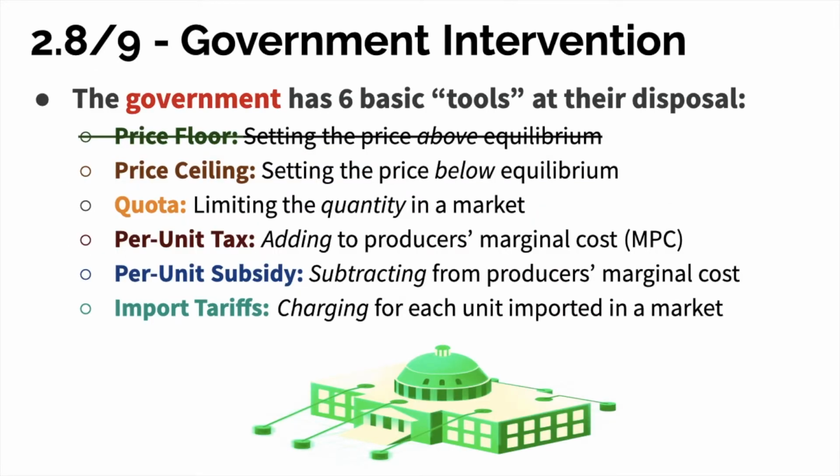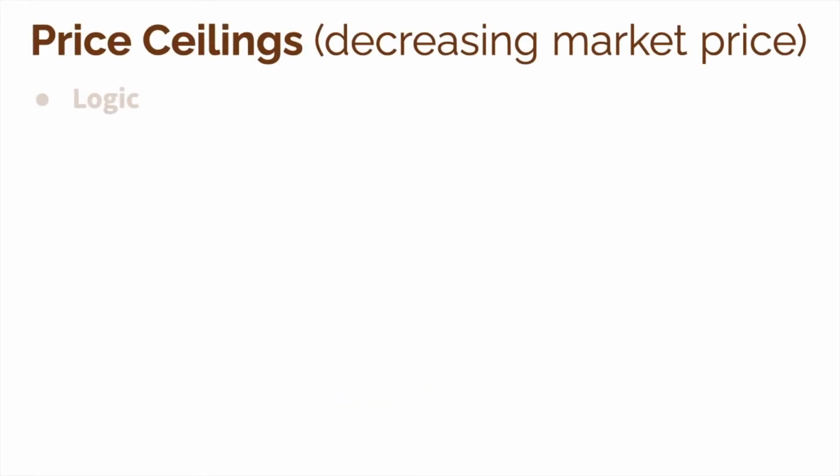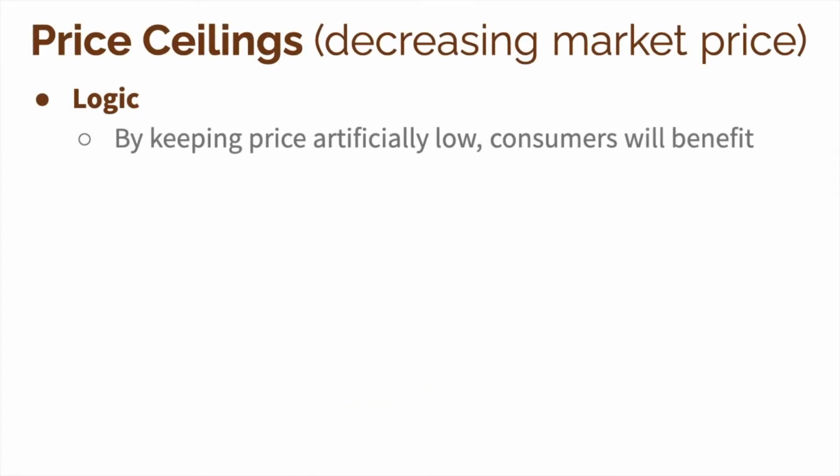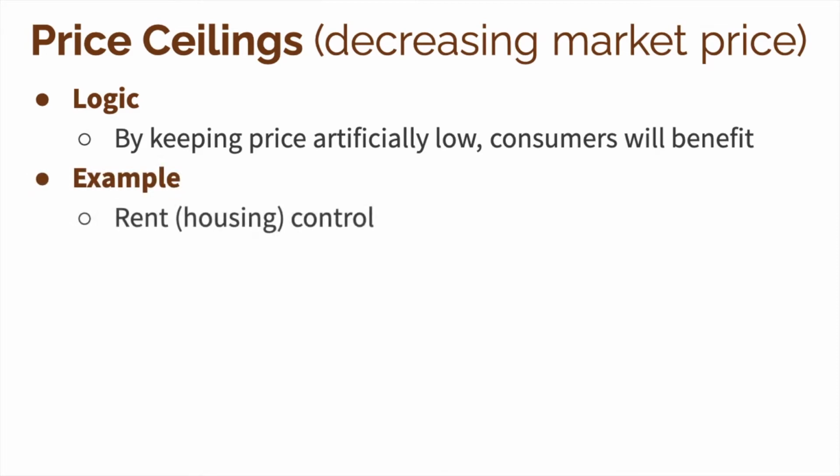So a price ceiling works pretty similarly, actually. Okay, a price ceiling is simply decreasing market price. And the logic behind this is that by keeping price artificially low, we're going to help consumers afford this good, whereas maybe some of them couldn't before or weren't willing to buy it at the higher price, right? An example of this is rent control.